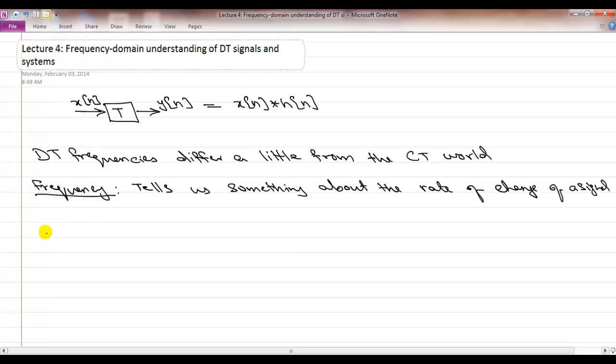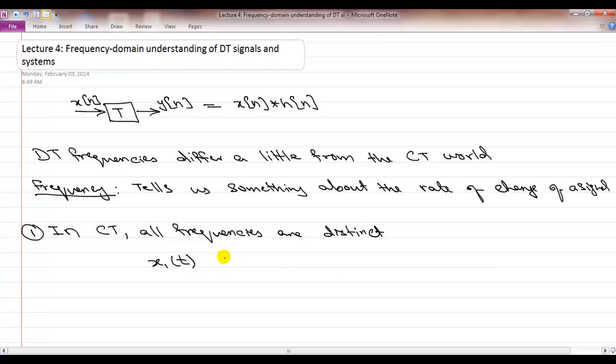So let's remind ourselves of some key properties of continuous time frequencies. The first is that in continuous time, all frequencies are distinct. What's the meaning of that? If you have two signals, let's take the example of pure sinusoids: x1(t) equal to cosine of omega 1 t, and another signal x2(t) equal to cosine of omega 2 t.